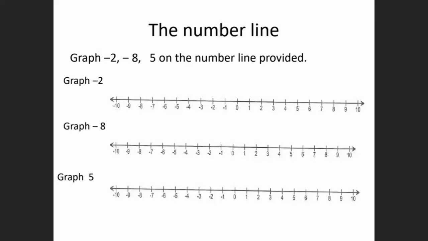Now, when they ask you to graph -2, you are placing a dot at -2. You are placing a dot on the second number line at -8. Now, notice that 5 does not have a sign, so therefore 5 has to be positive.